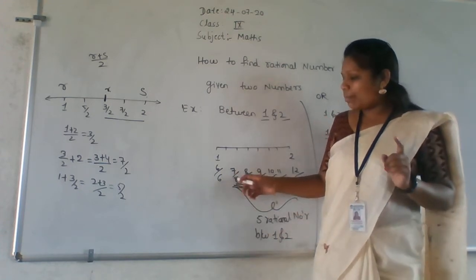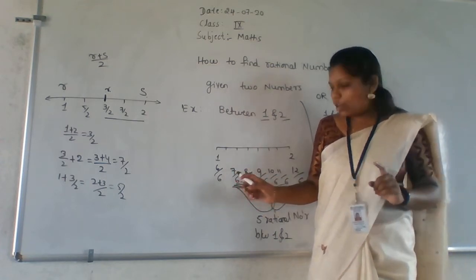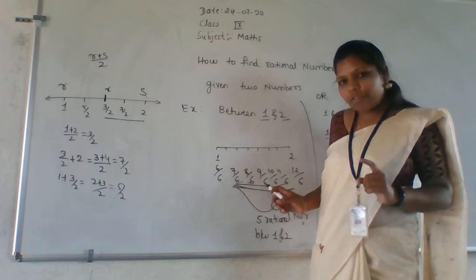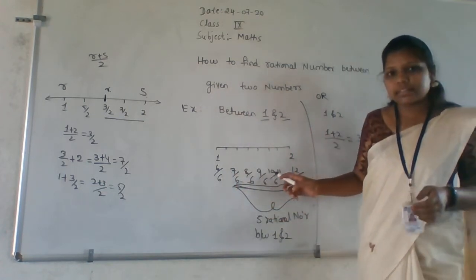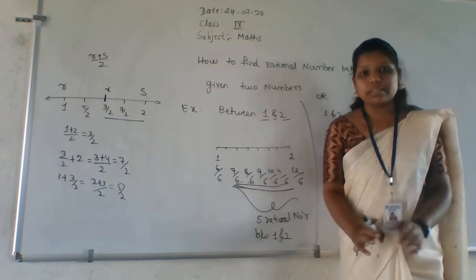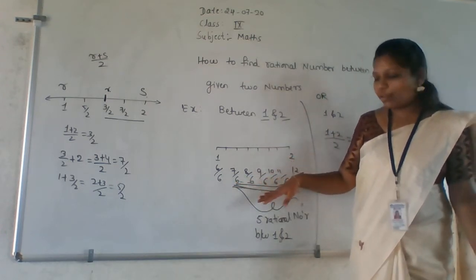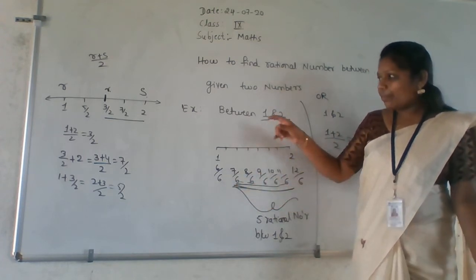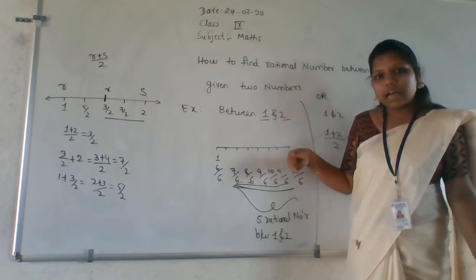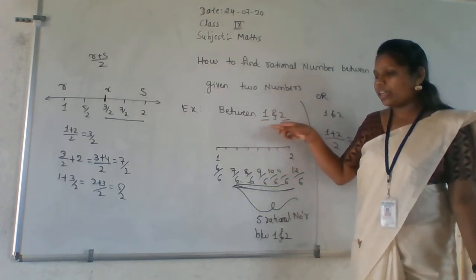So here 7 by 6 is in the form of P by Q only. All are in the form of P by Q only. That's why these numbers are called rational numbers. So a rational number is nothing but a P by Q form. We got P by Q form numbers here. Then if you want, how can we tell these numbers are between 1 and 2.